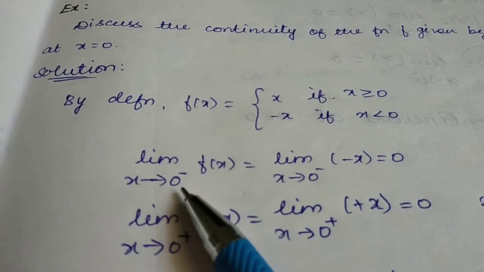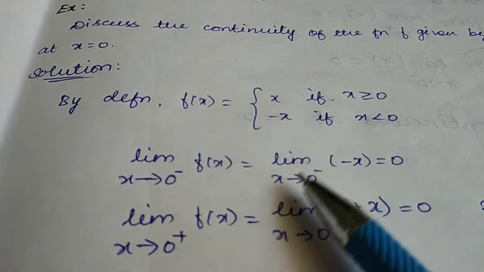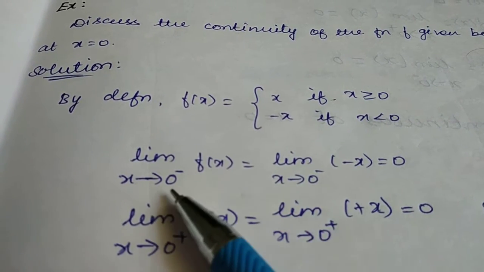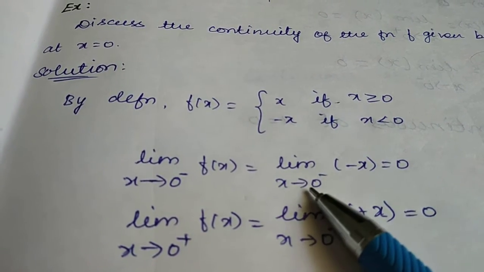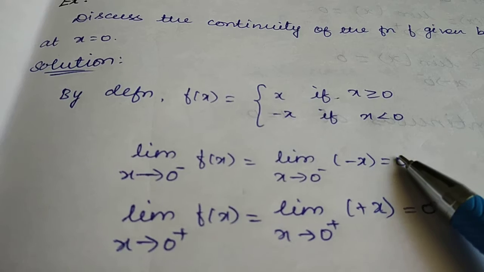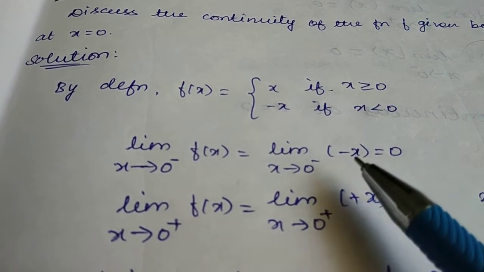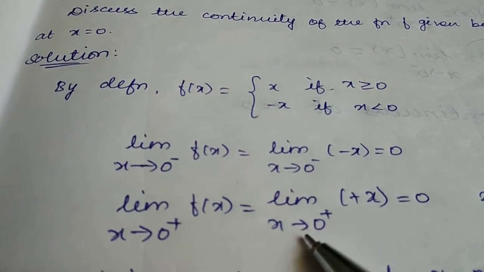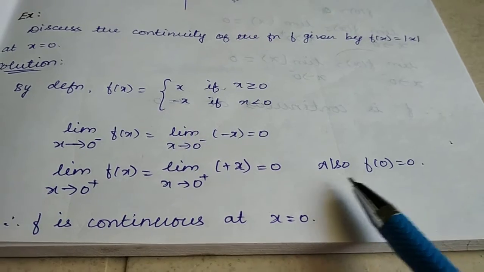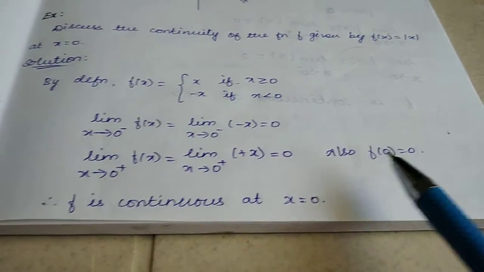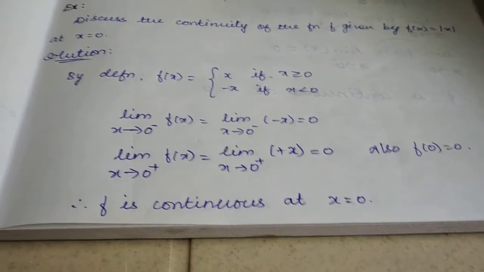So the limit as x tends to 0 minus of f of x equals the limit of minus x, and substituting 0 here, we will get the answer 0. Then for 0 plus, we will get plus x. Again substituting 0 here, we get the result 0. Also f of 0 is 0. Therefore we can say f is continuous at x equal to 0.